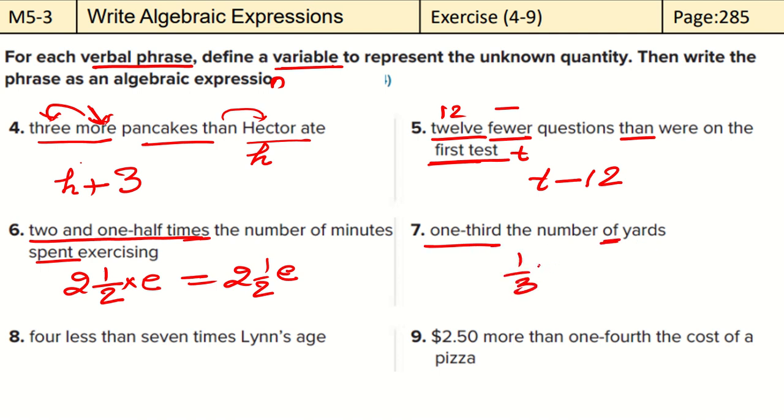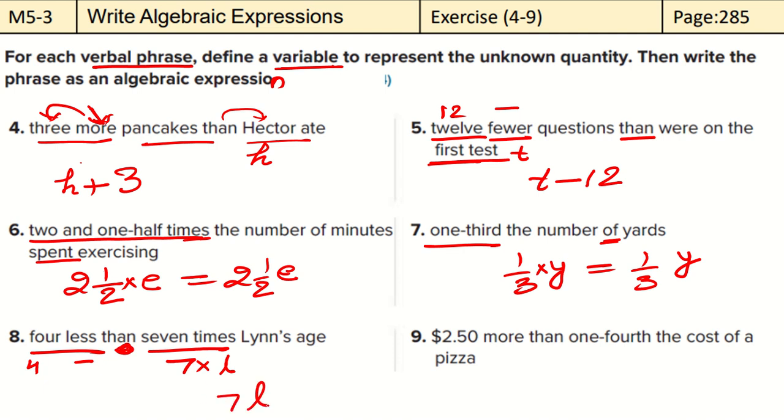Number of means multiply. For yard I am taking y. So this is 1 over 3 y. Now 4 less than 7 times. 4 less means minus, 7 times means 7 multiplied by Lin's age. So here I am taking L for Lin's. So it will be 4 less than. Whatever you have after than comes before, then minus 4.